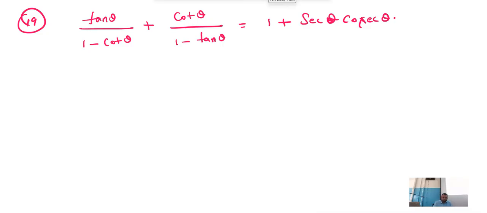You can try this. Have you done this? Sure. Question number 9, check question number 9. We have done this.